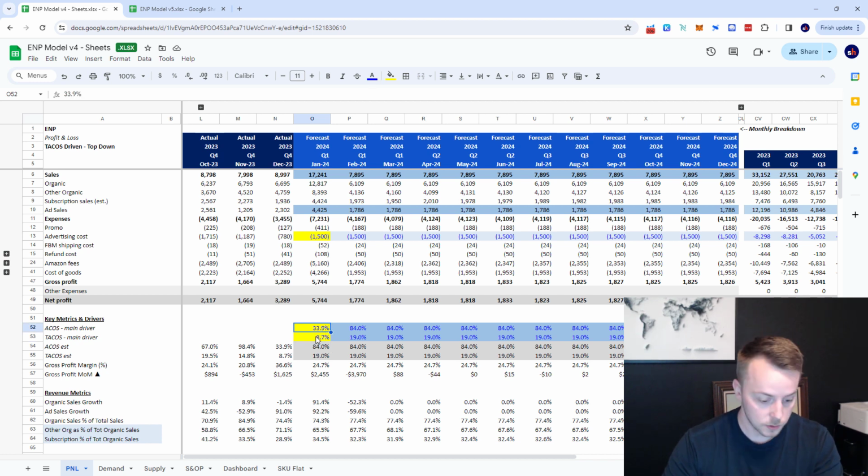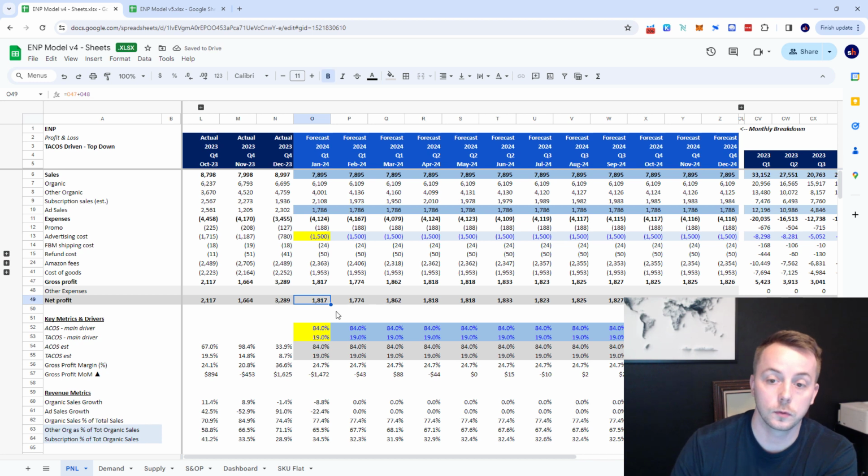So if we punch in those numbers, 84%, 19, we come to this, which is a lot less profit month over month. It's about a loss of $1,400, $1,500 in profit by doubling spend, because in this account, given the historical data, spending more historically has produced worse results in terms of performance.